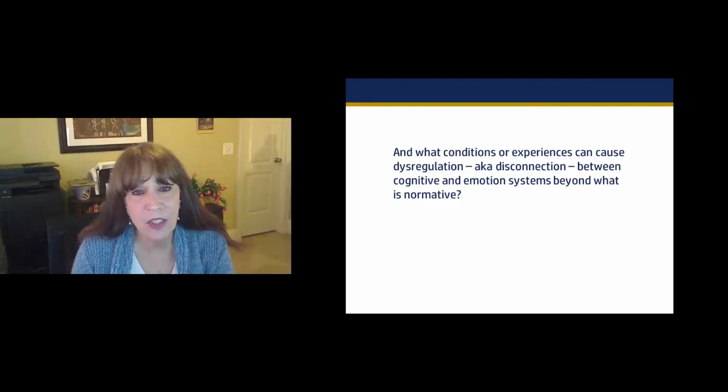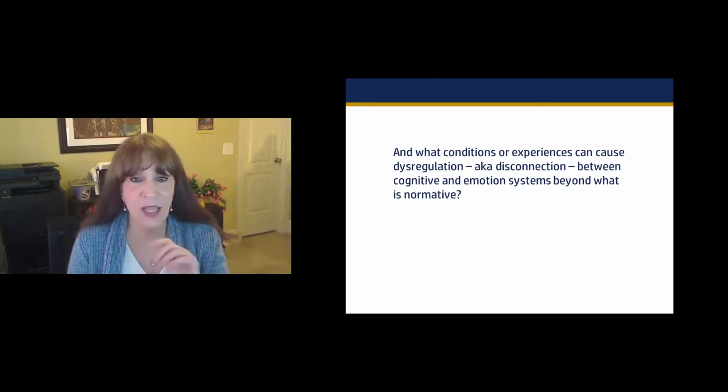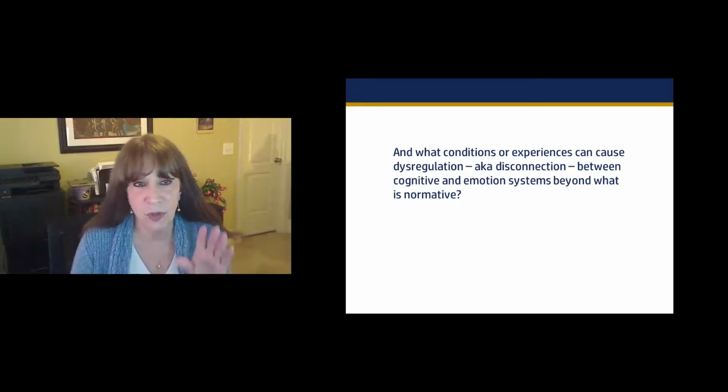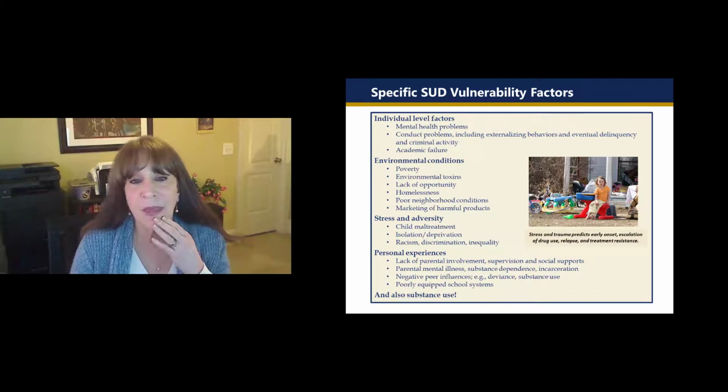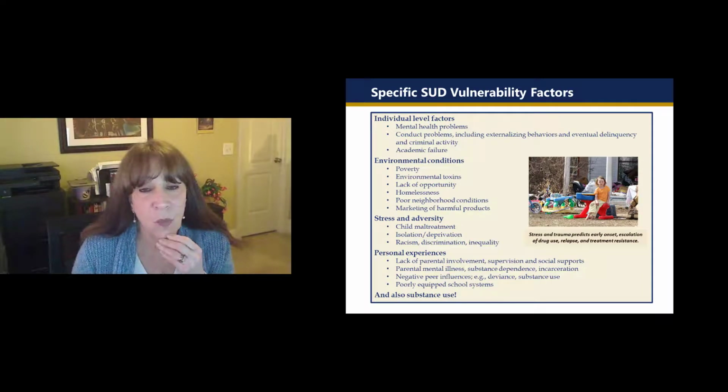So what conditions can cause this disconnect? I call it a disconnect between these cognitive and emotion systems, between the front of the brain and the lower parts of the brain. These are widely known as the most common and potent vulnerability or risk factors for substance use disorder. And I'll give you a second to look at them.